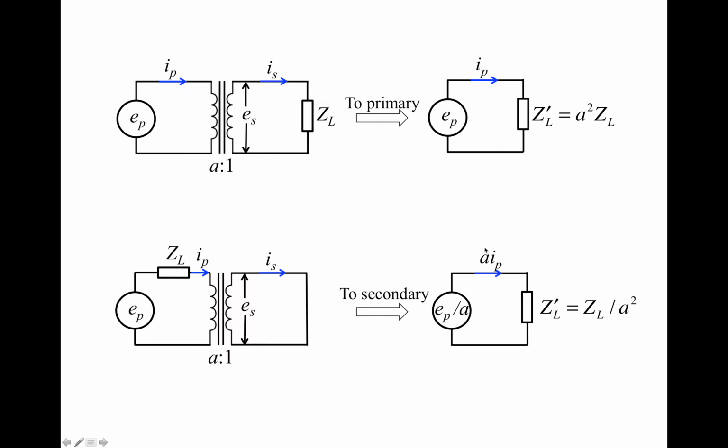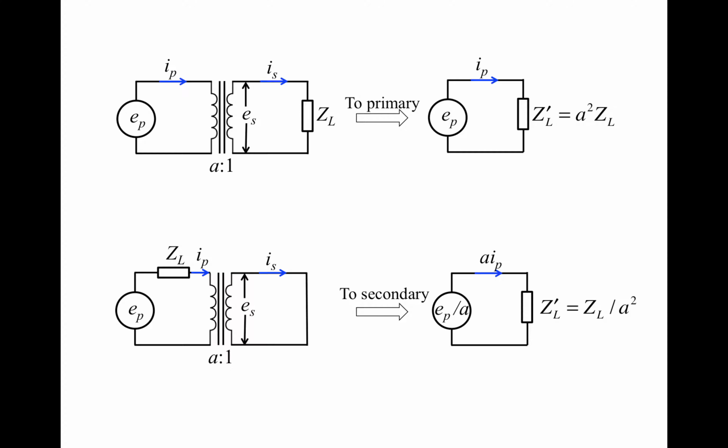If we do these replacements for the voltage, current, and also the load impedance, then we can remove all the primary side circuits. All these relations are for just the ideal transformer.